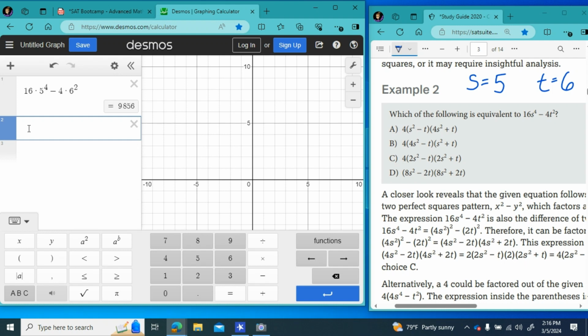Now I'm going to try answer choice A, and I'm going to plug in 4 times S squared minus T times 4S squared plus T. And again, every time I have an S, I'm going to make it a 5.